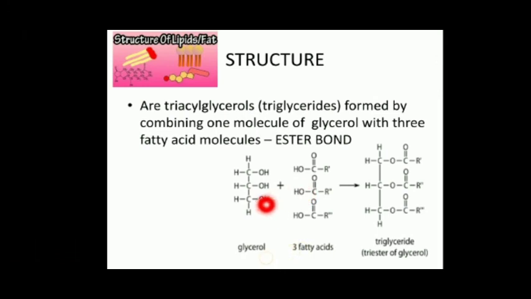The third OH group also reacts in the same way with the third fatty acid molecule. So here you can see three ester bonds are forming. That's why it is known as triester, three ester bonds of glycerol.